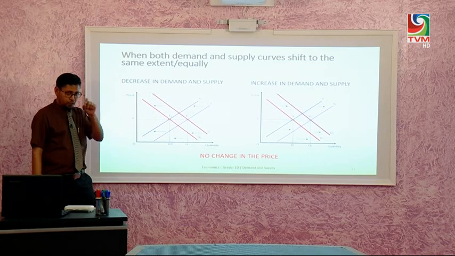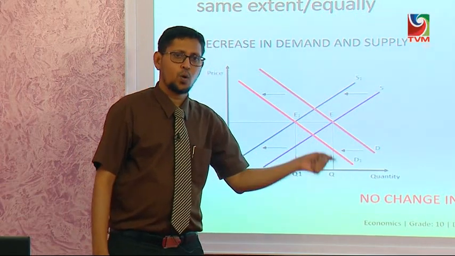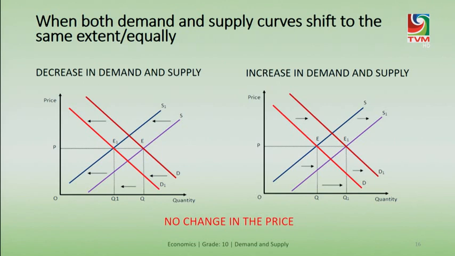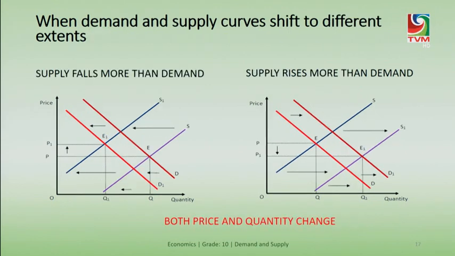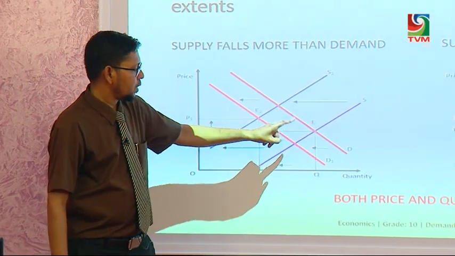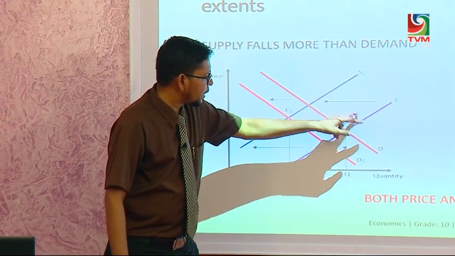So then you will have to see whether a shortage occurs or a surplus occurs. We know that when a shortage occurs, there is a price increase. A surplus causes prices to decrease. Here we see the supply decreases, demand also decreases. But here we are seeing that supply decreases more.